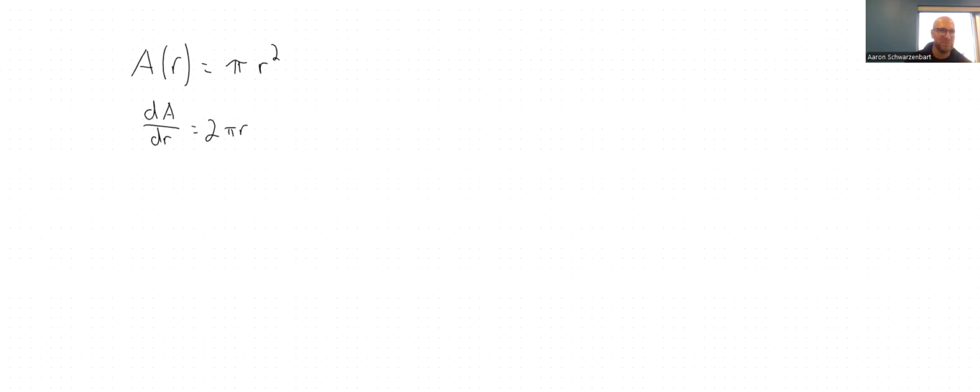You're like, can all my problems be this easy? The answer is not all. It asks me then to find the rate of change of the area at r equals 5 and r equals 10.